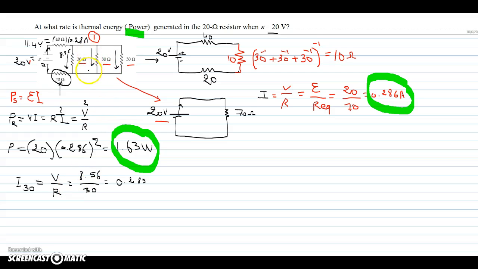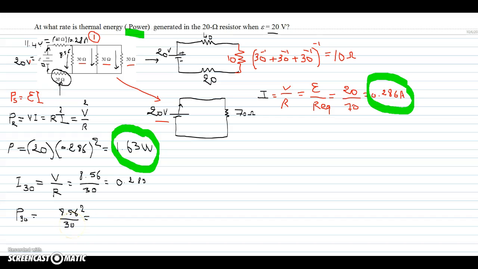The power across the 30 will be R I squared, or V squared over R. So that is 8.56 squared over R, which is 30.